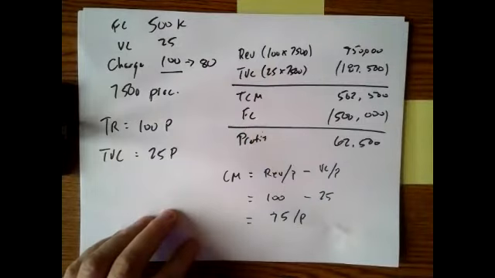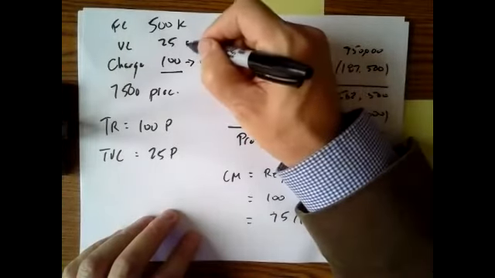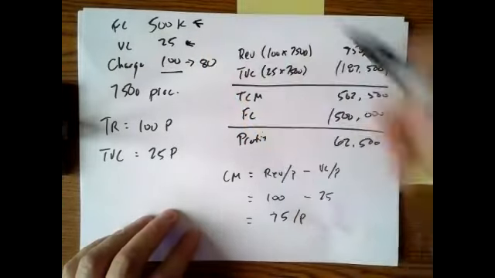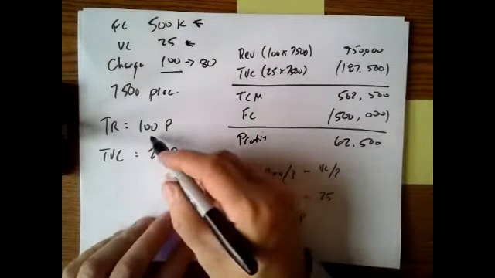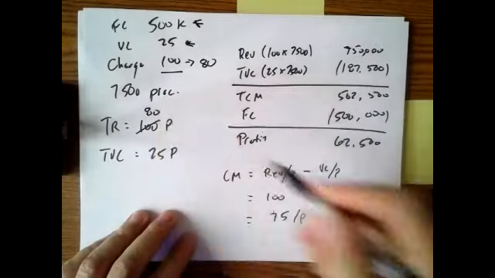The only change that we have actually is the change in charges. Our variable costs and our fixed costs stay the same. So our new total revenue function is no longer 100p, but 80p.